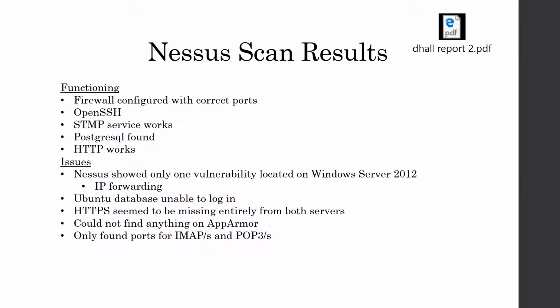HTTPS, Nessus failed to produce any info on this protocol for either server, but I did see HTTP working. I could not find anything on AppArmor either. The ports are all open for these services, but no more information other than that. AppArmor was completely missing from the Nessus scan.